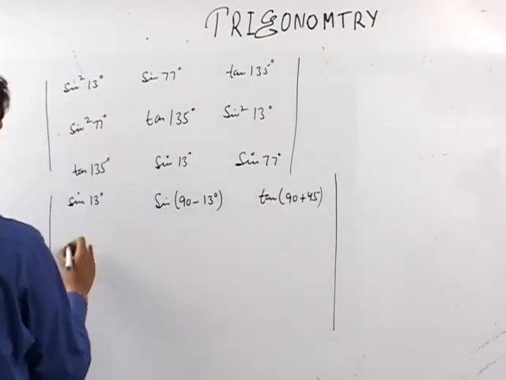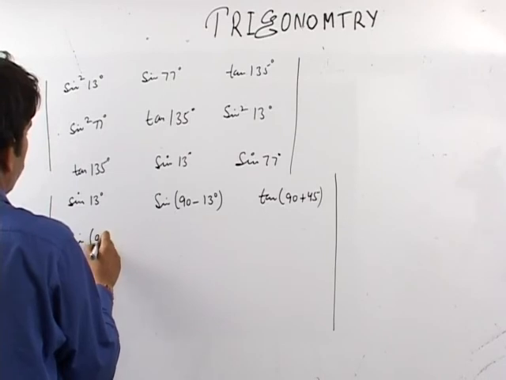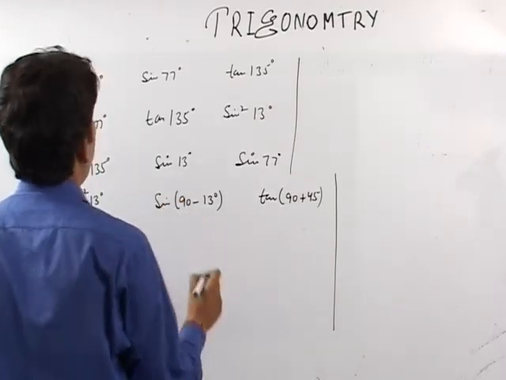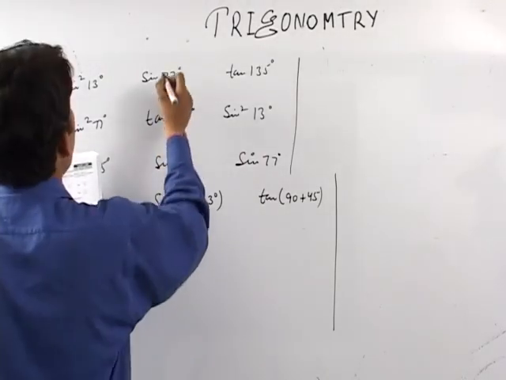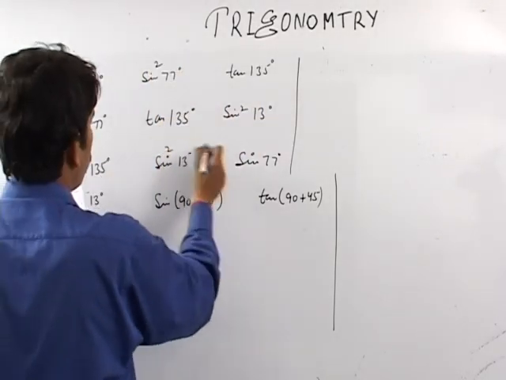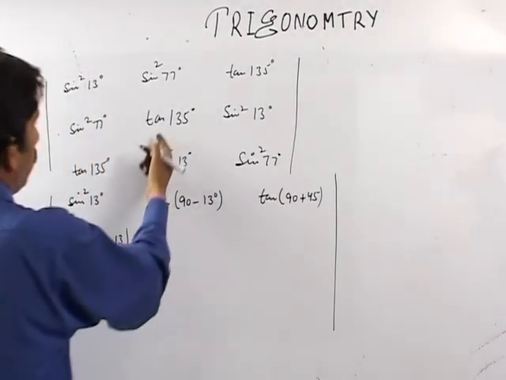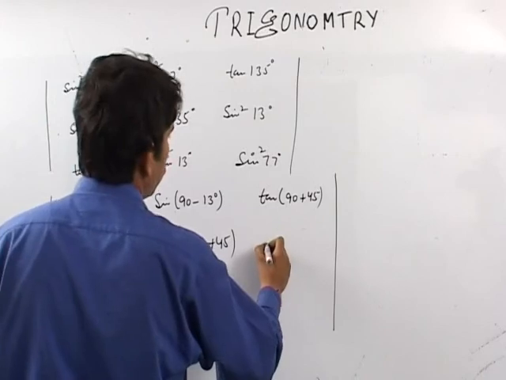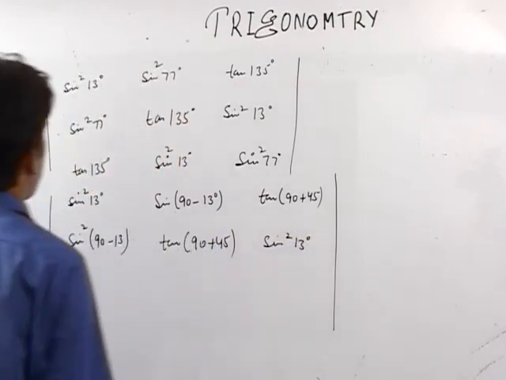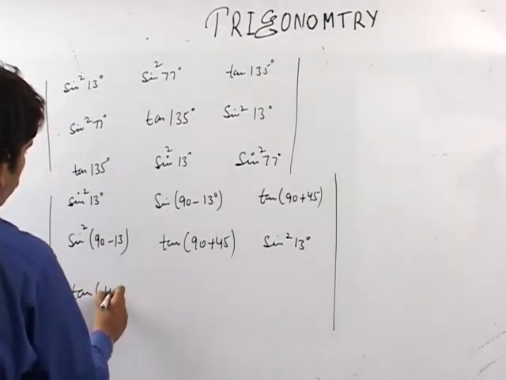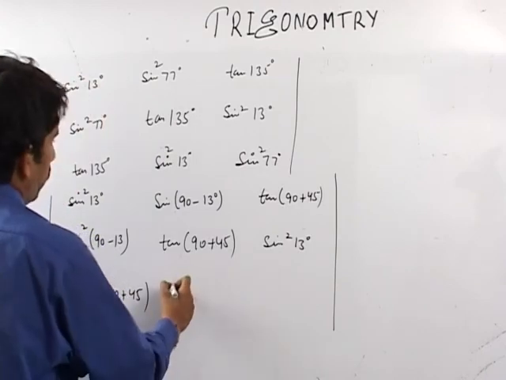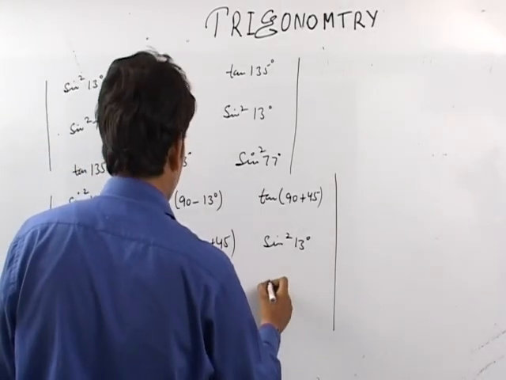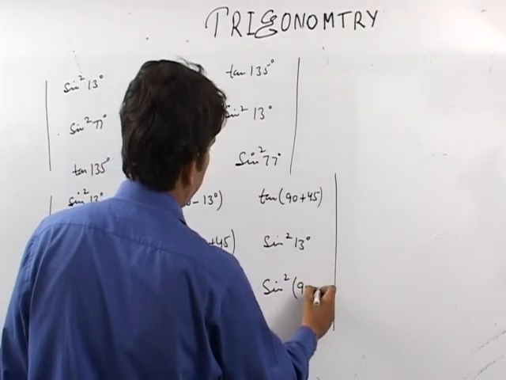Then again sin square of (90 minus 13), tan of (90 plus 45), sin square 13 degree, and again tan of (90 plus 45), sin square 13 degree, and sin square of (90 minus 13 degree).